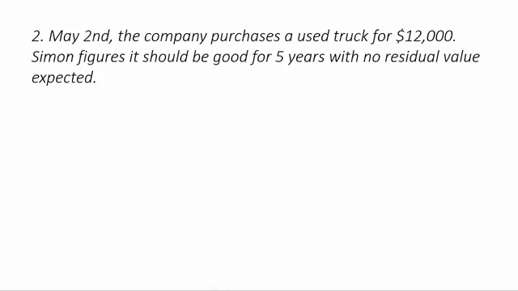Going back to the second transaction, we set up a capital asset for $12,000 when we purchased the truck. The truck will lose value as it ages and gets used up in operations. To match the cost of the truck against the revenues earned from its use, we need to calculate something called depreciation.